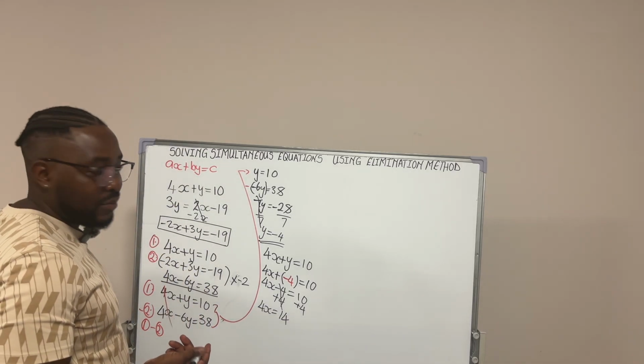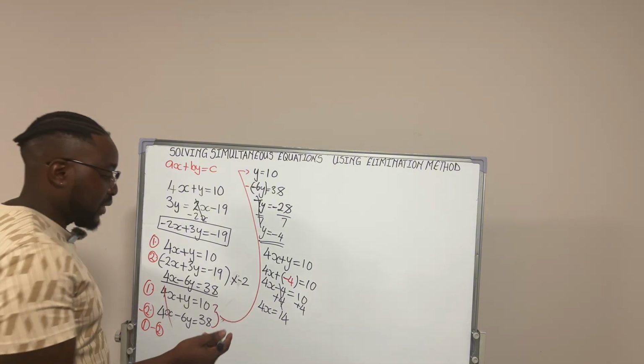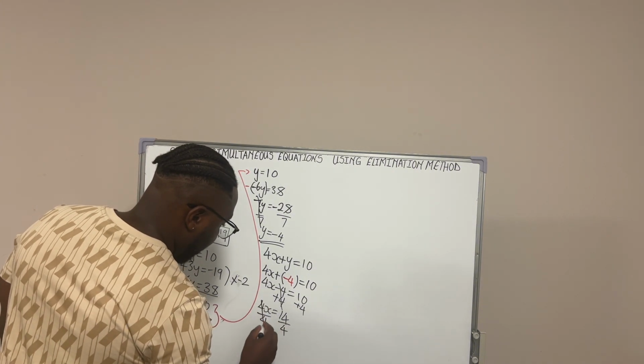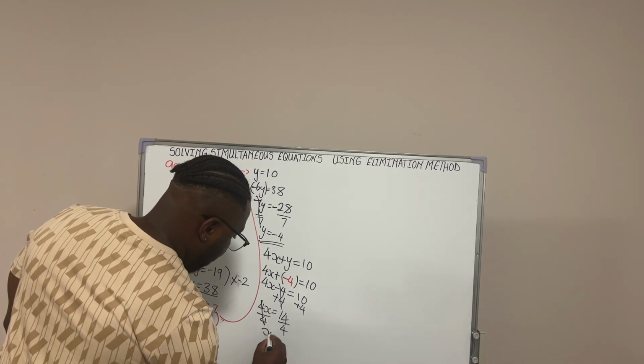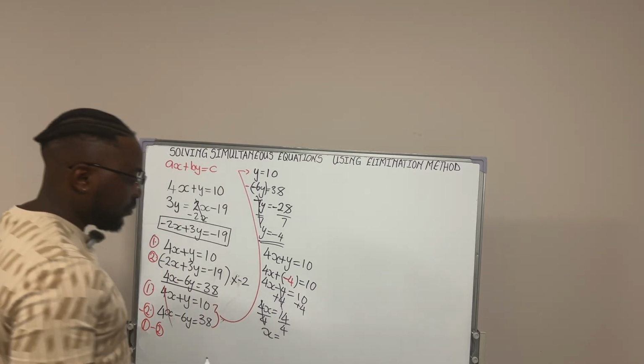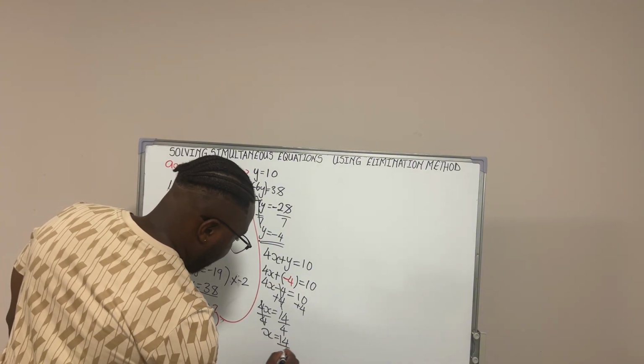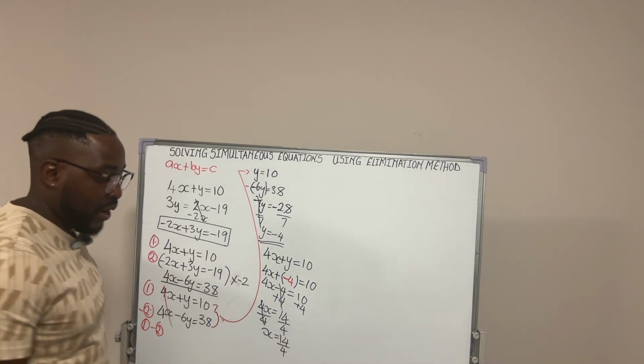What's our next step? We find the value of x. We just have to isolate it by dividing both sides by 4. Those two cancel out. We shall have x equal to 14 over 4.